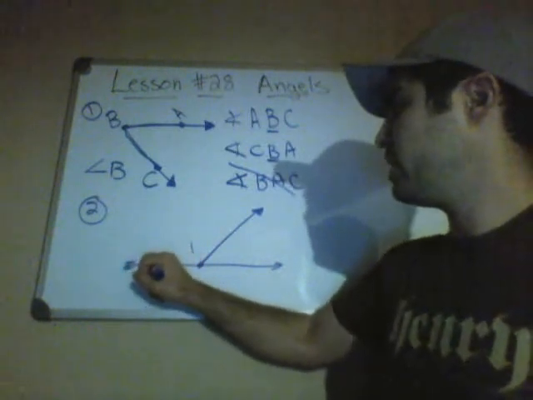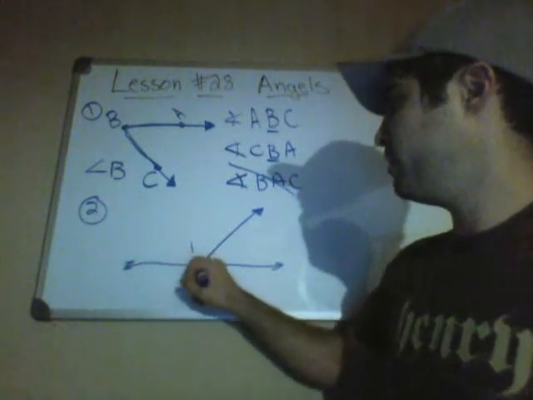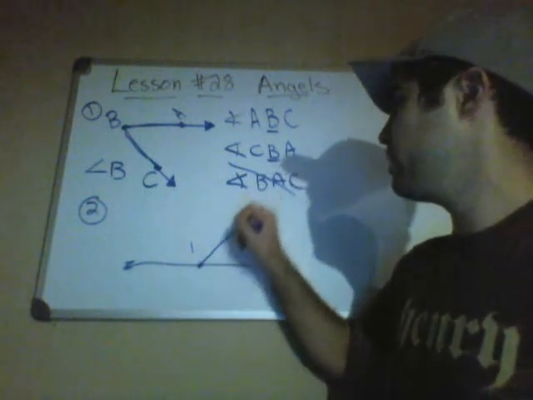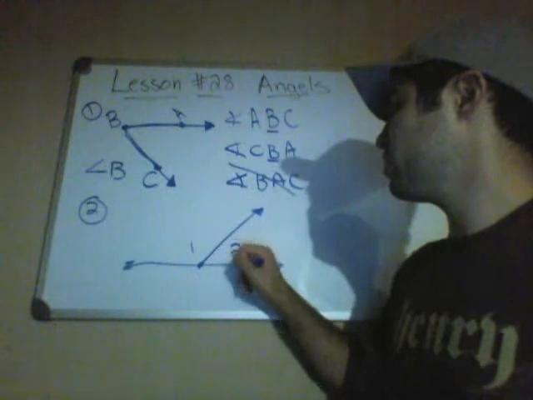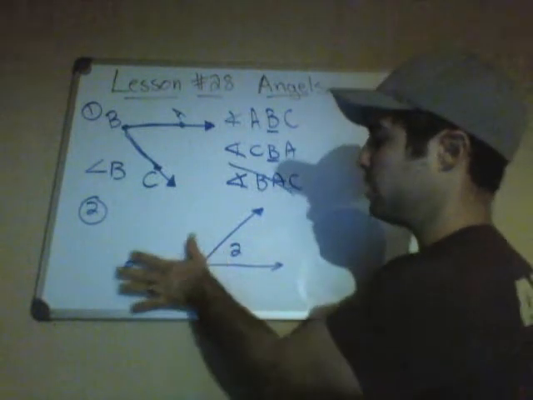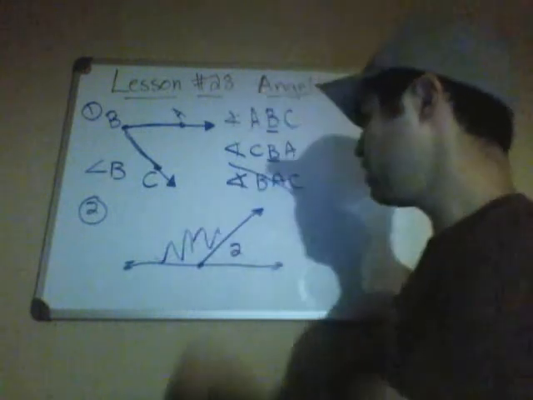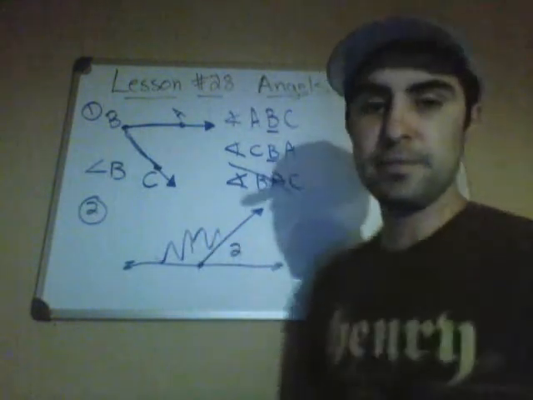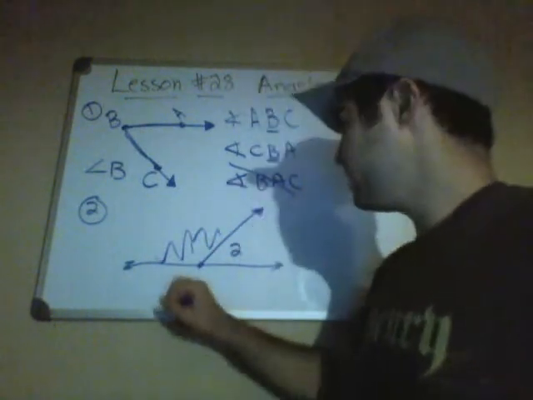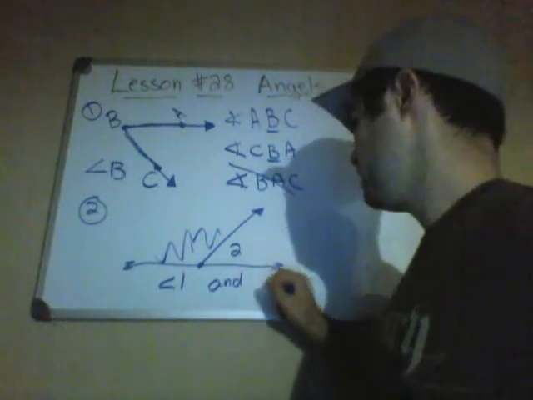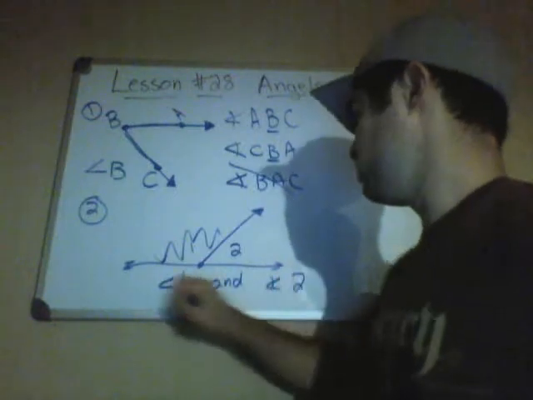That angle is made up of this line and this ray shooting up, and angle number 2. So angle 1 would be all of this area, and angle 2 would be all of this area. And the way we would name that is angle 1 and angle 2.